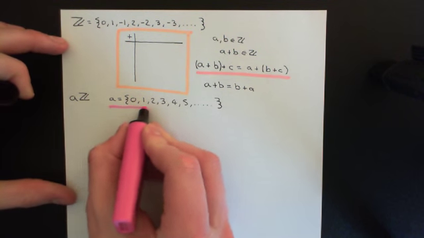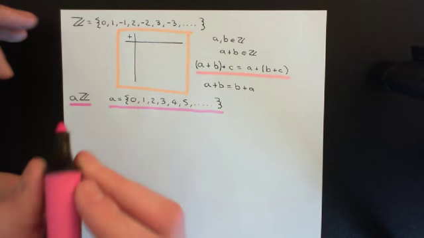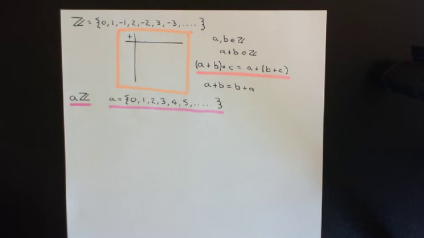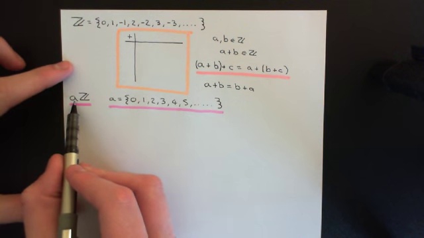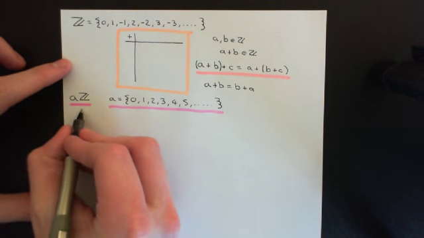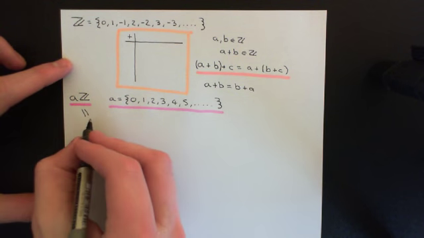Now let me firstly tell you what this actually means, because I haven't defined what I meant by AZ. So what I actually mean is all integer multiples of A basically. Okay, so let me now write out in set theory notation what this actually means.